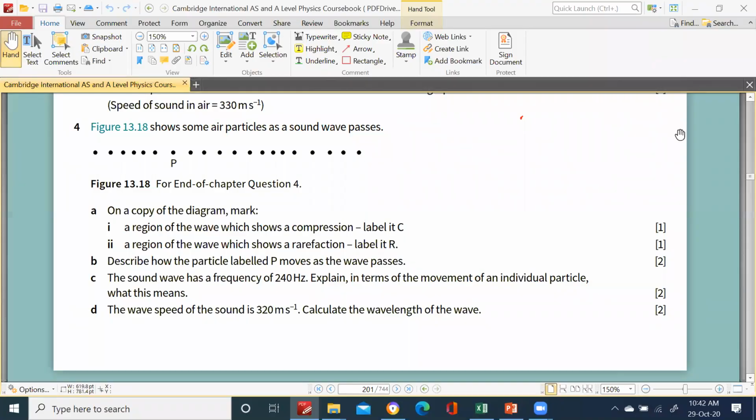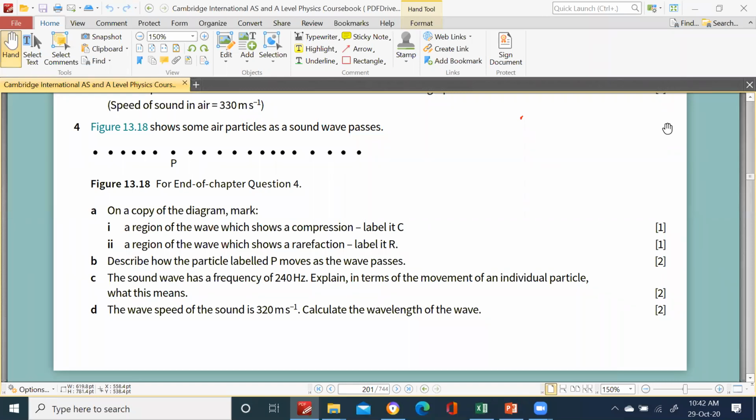So anyone to handle number 4 for us? Can I try? Yes, please, you're welcome. Please, you can write on the screen and explain what you're doing.